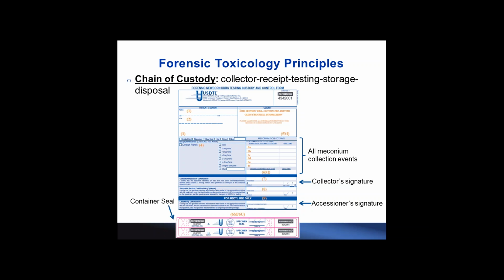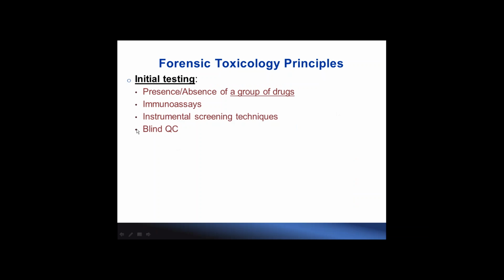Thank you, Dr. Shu. Another question that came in is, can you elaborate on the instrumental screening techniques? Instrumental screen technique, there is a perfect example of what we do here. Ethyl glucuronide is an ethanol metabolite. We also test for umbilical cord tissue.